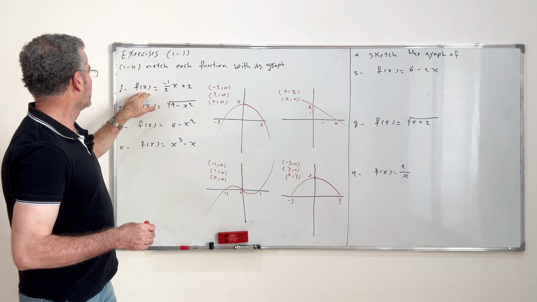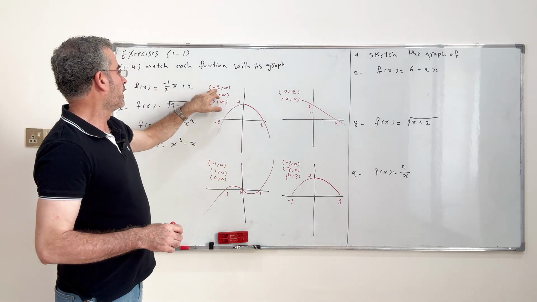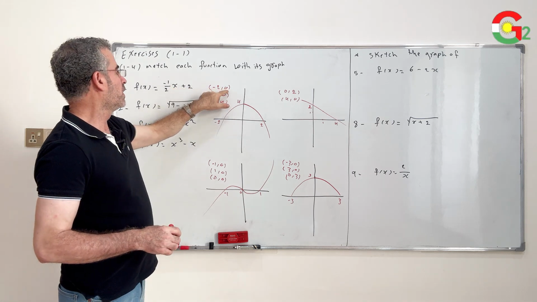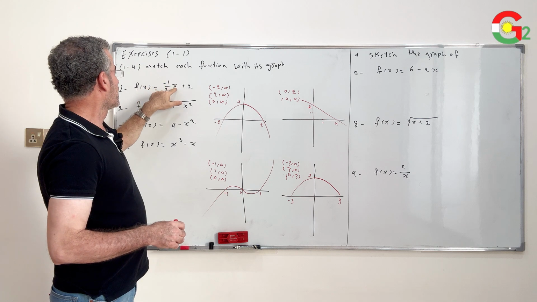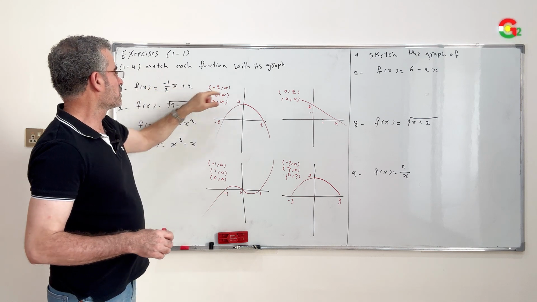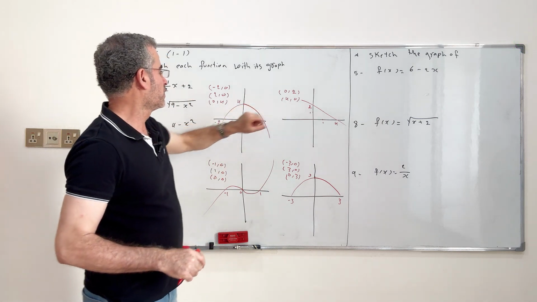Function number 1, it is a linear function. Let me check it with the first graph. When x is equal -1, y should be 0. -1 times -2 is 2, 2 over 2 is 1, plus 2 is 3, it's not 0, then this graph is not for this function. Let me check the second one.